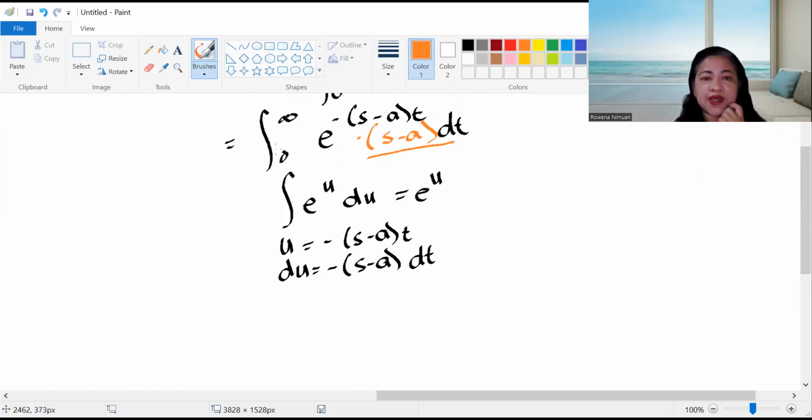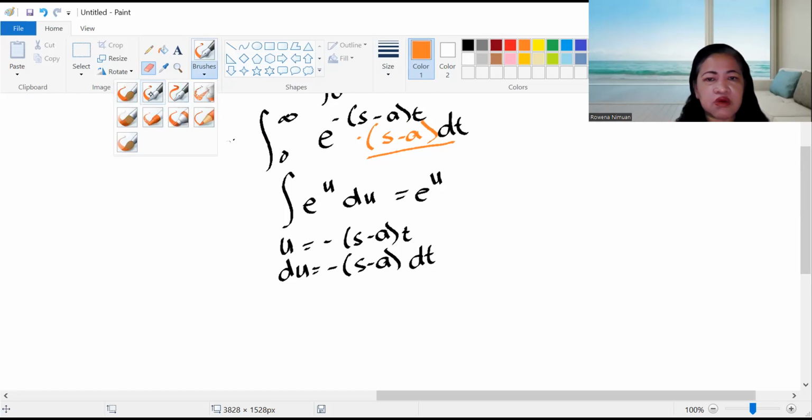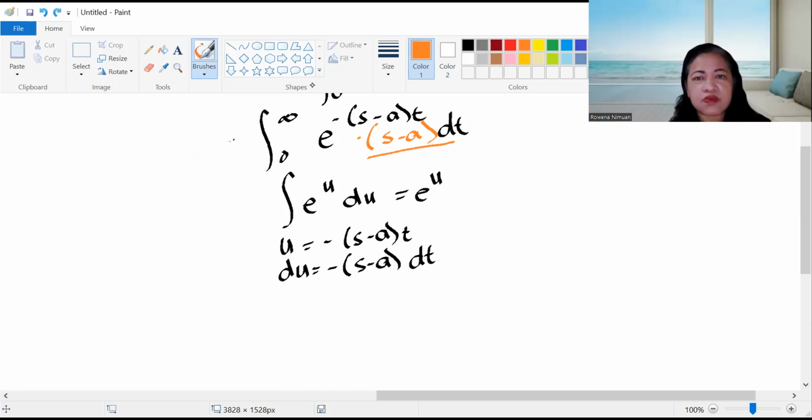To complete the integral, since we have introduced the factor of negative (s minus a), we also have to introduce here negative 1 over (s minus a).